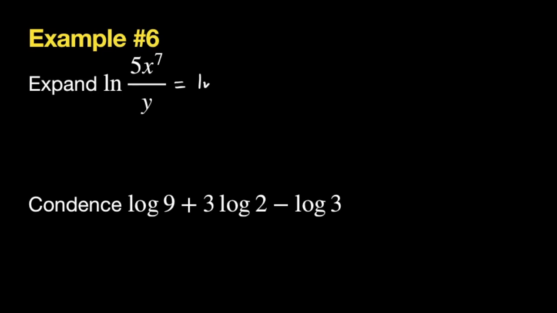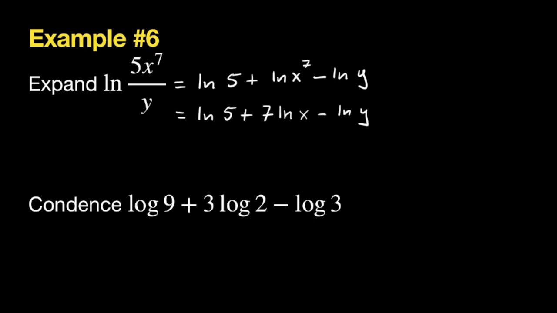So we have ln of 5 plus ln of x to the 7th, and we have minus ln y. We still have an exponent right here, and we need to change it. So we're going to use the power rule now, and we're going to say ln 5 plus 7 ln x minus ln y. So that's how we're going to expand it.